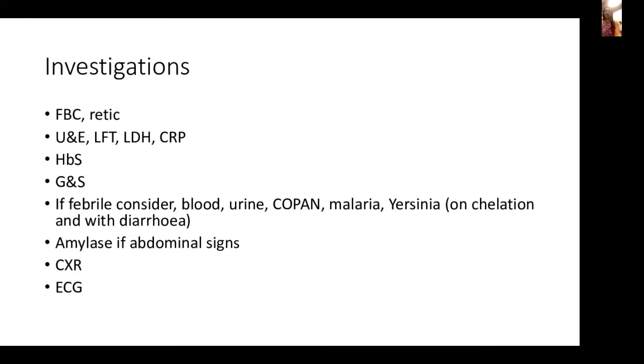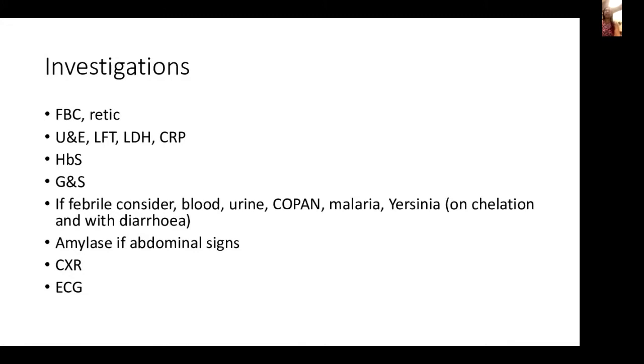If the travel history determines that they're at risk of malaria, that's something you should screen for. Patients who've been on transfusions for a long time get iron overload and may need chelation, and chelation is a risk factor for Yersinia. So any patient on iron chelation that has fever or diarrhea, you need to think of that organism.